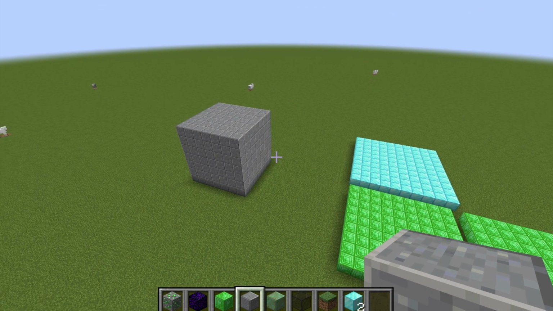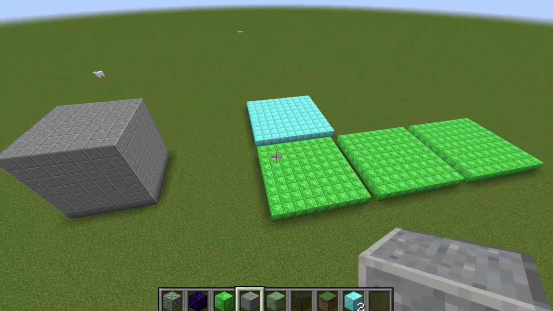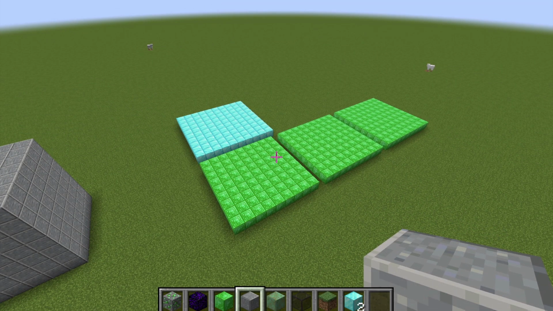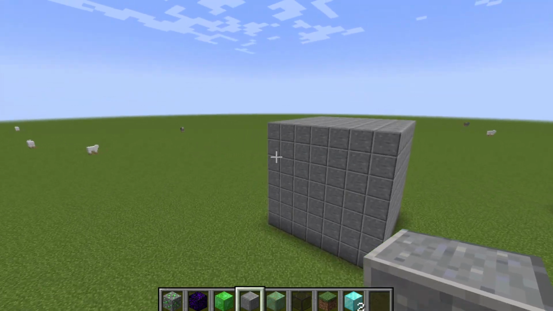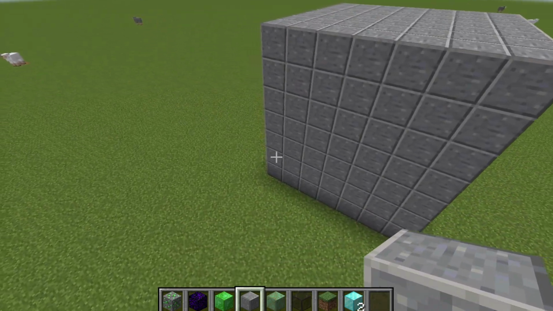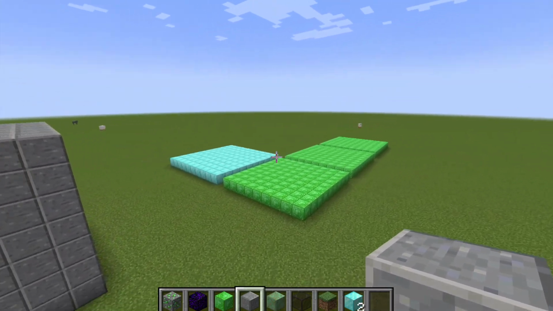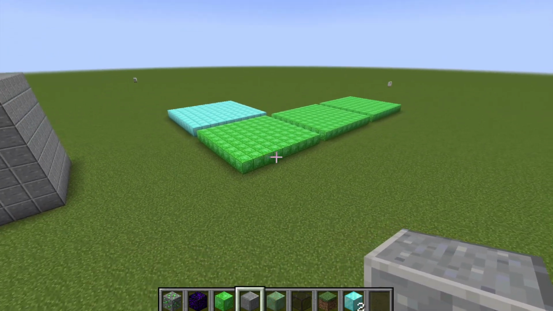So this was 343 blocks. Now we're going to do the same thing with the side length of the cube, which is 7. So we can make this same arrangement out of 7 blocks.